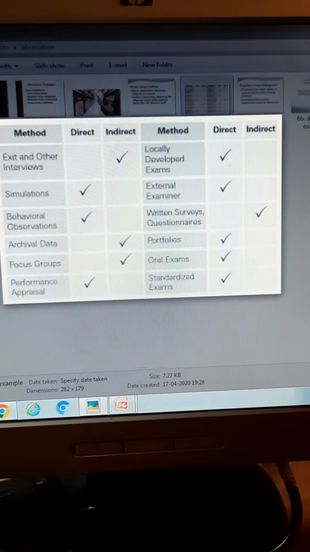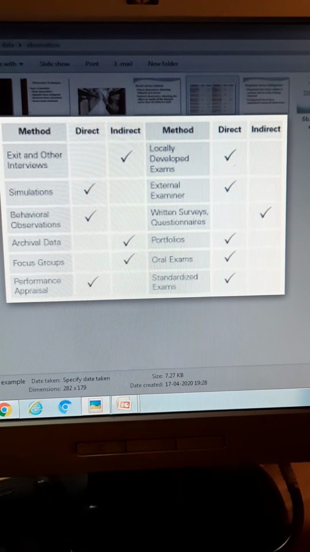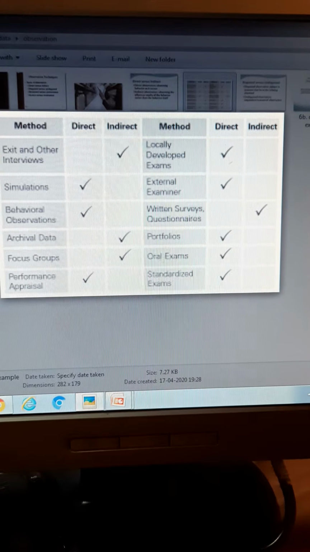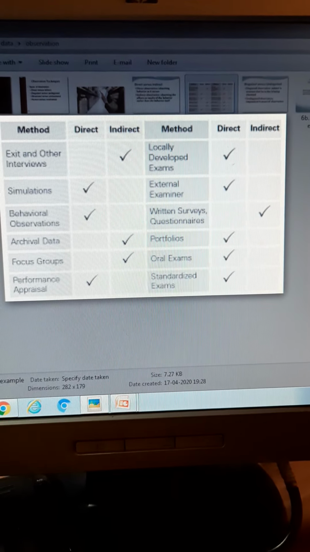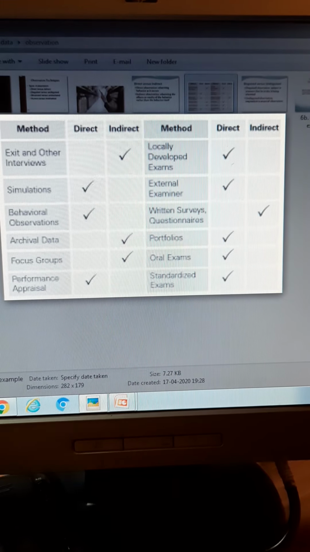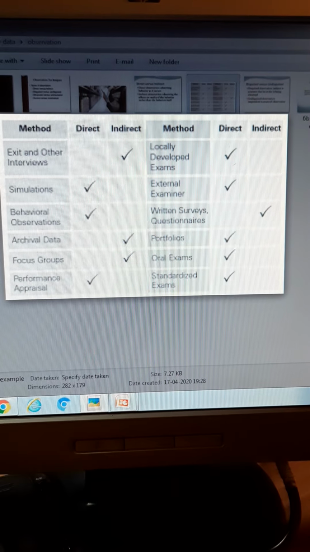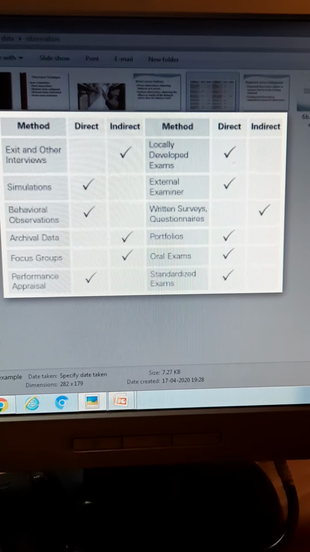Focus group can be again direct or indirect. You watch certain phenomena. Performance appraisal. You directly ask the person and do the performance appraisal. Examination. Direct. External examiner. Direct. Then written surveys. So it is actually direct and indirect.